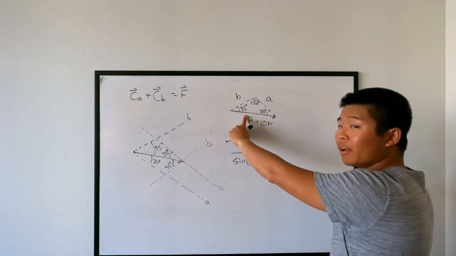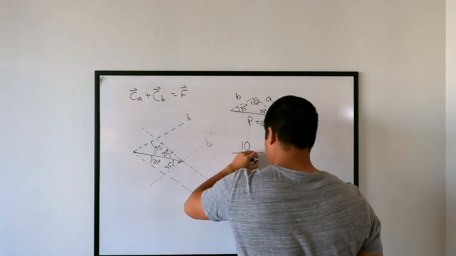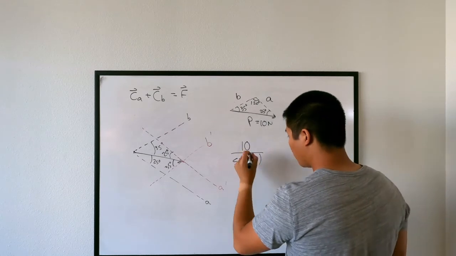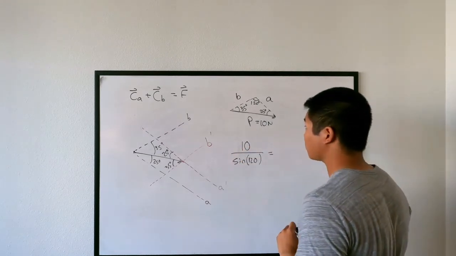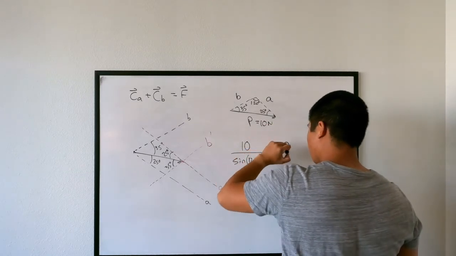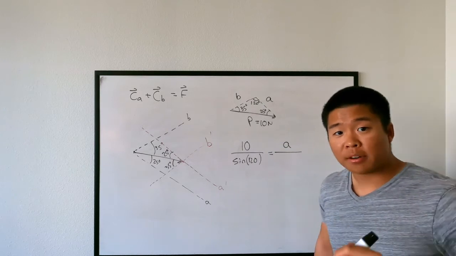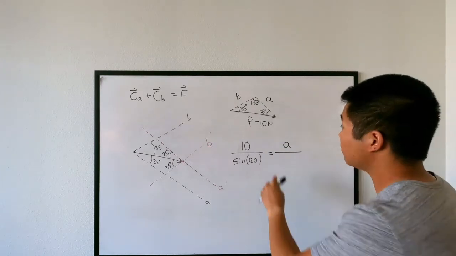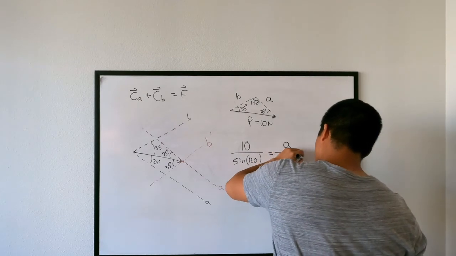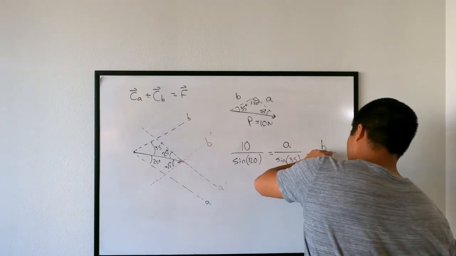There's only one angle that's opposite of P, and it's 120 degrees. Equals the other one, which is the side A divided by the angle that's opposite of A, and there's only one angle opposite of A, it's 35, so sine of 35 degrees, and then of course you guessed it, it's B divided by sine of 25 degrees.